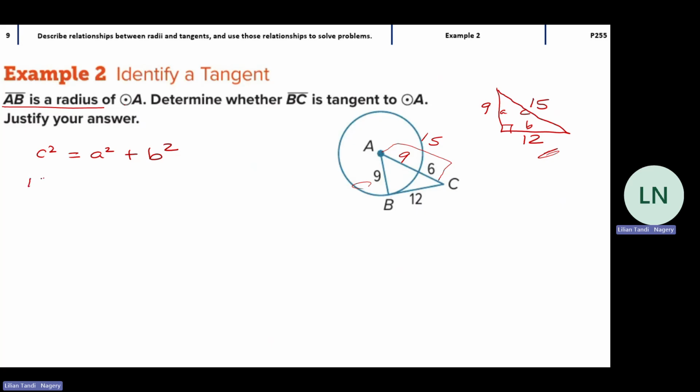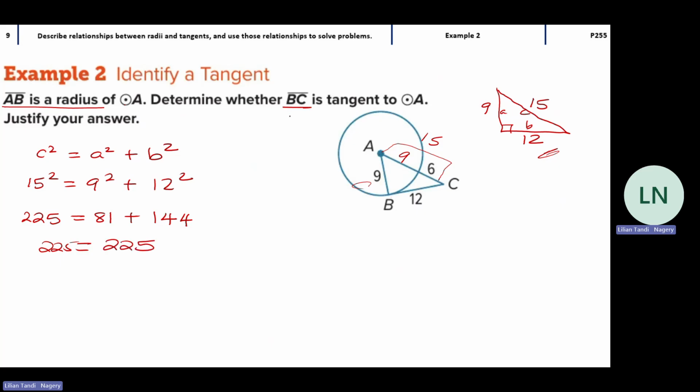So 15 squared equals 9 squared plus 12 squared. 225 equals 81 plus 144. 81 plus 144 is 225. So 225 is equal to 225.